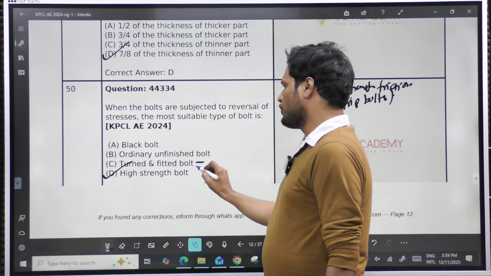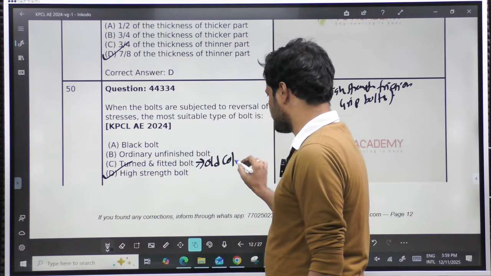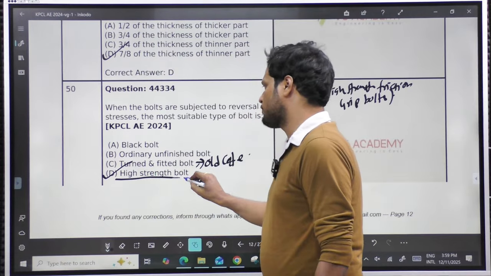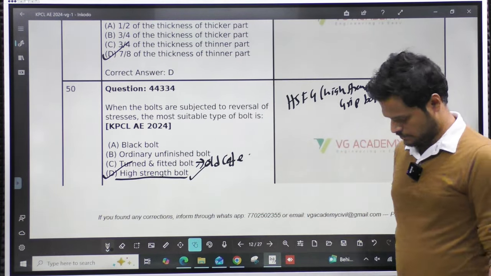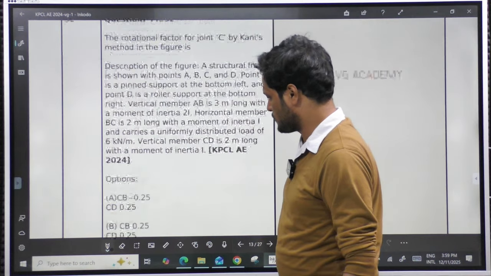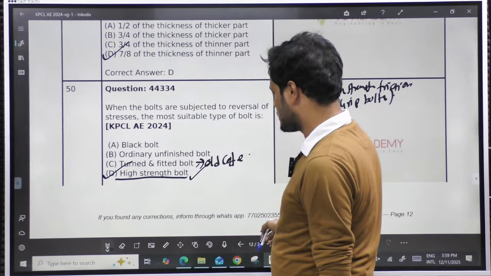In old code we used to use the term turned bolts, because in old code this HSFG bolt was not there, but from latest code we are using HSFG bolts. D.